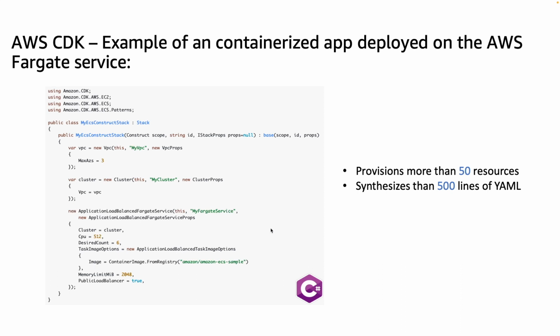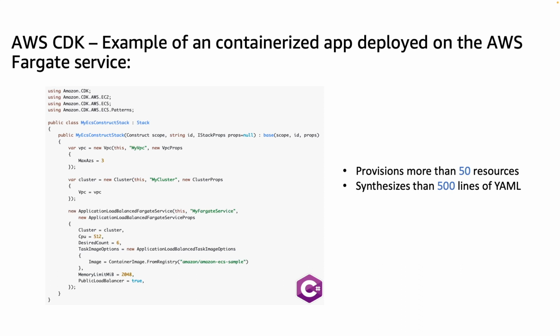With this, it will create that containerized app for you. So just to compare, if you were doing that in YAML or in CloudFormation, you would have to write 500 plus lines of code for this deployment only, which you can do with these 6-7 lines of code here on the left that you're seeing. And this will provision 50 plus resources for you when you deploy this into your account. And as you can see, the language is C# here, right? So this is one of the languages that you can use, but it's not limited to just C#.